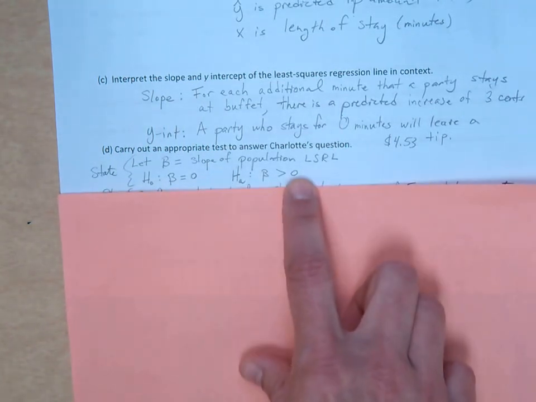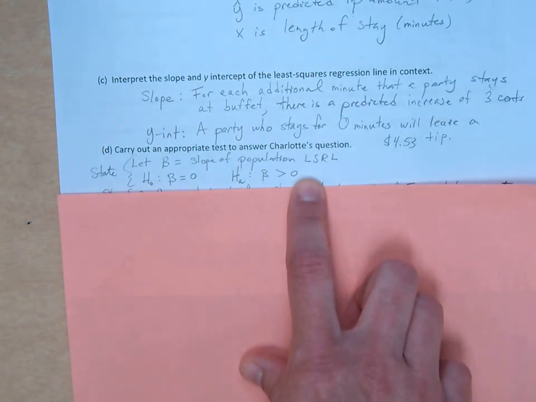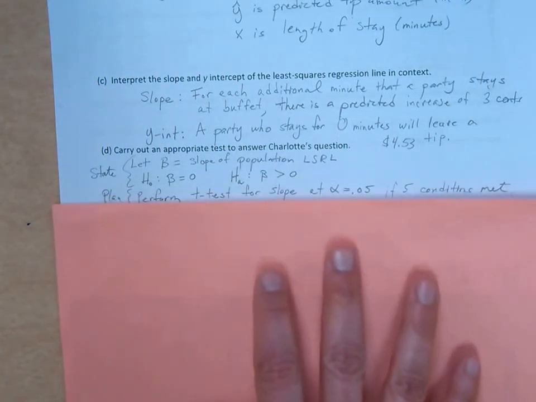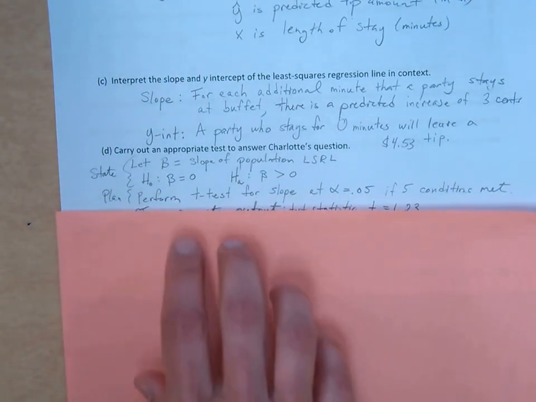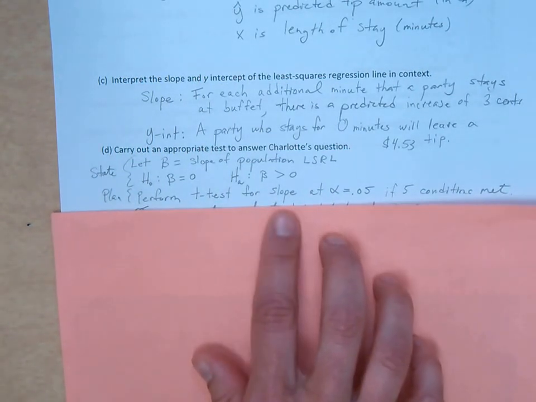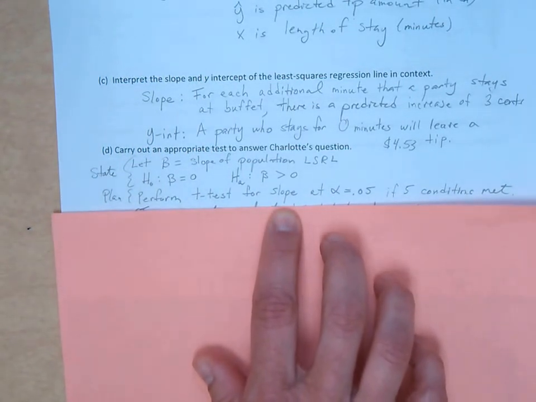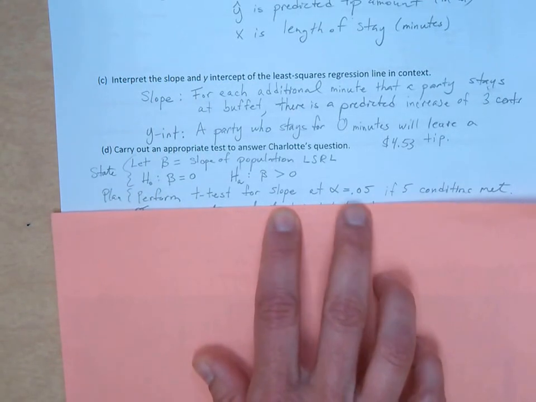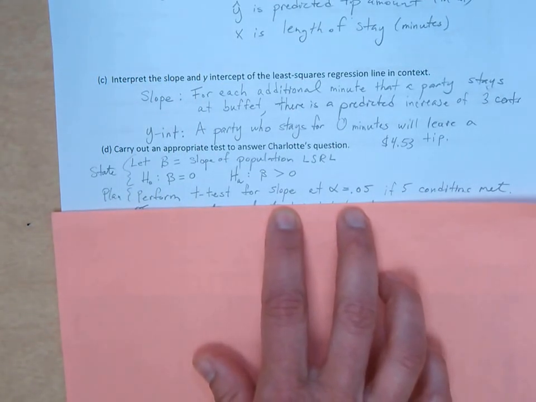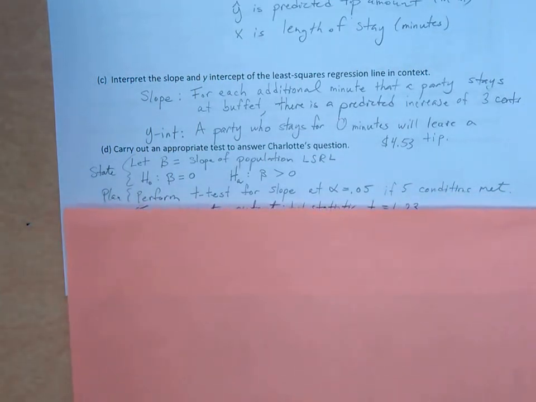And then our alternative hypothesis is that the slope is greater than 0. So that's our state, and then our plan. So the name of our test, we're going to perform a t-test for slope at a significance level of 5%, if our 5 conditions are met.